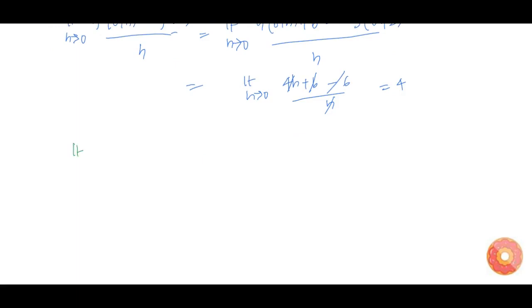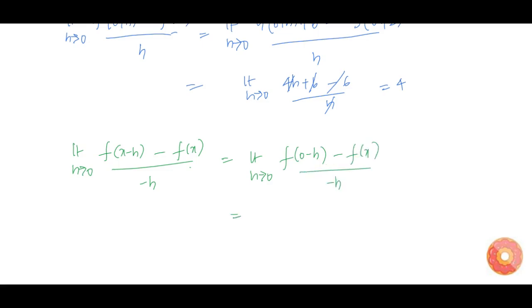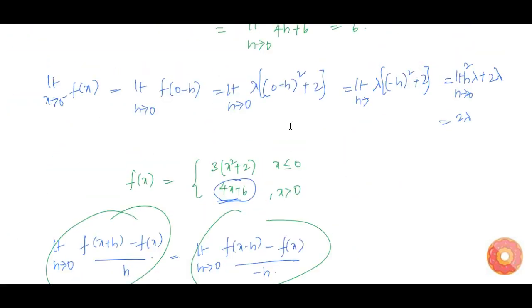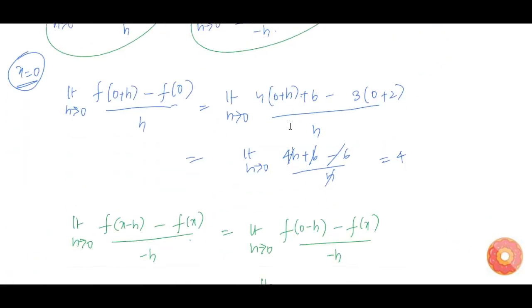Now let us see the RHS of the equation. Limit h tends to 0 of f of x minus h minus f of x by minus h. We are going to check the differentiability at 0, so put x equal to 0. We get limit h tends to 0 of f of 0 minus h minus f of 0 by minus h. Since h is an infinitesimally small positive number, 0 minus h is going to be negative. Since 0 minus h lies in the interval minus infinity to 0, the function we have to use is 3 into x square plus 2.